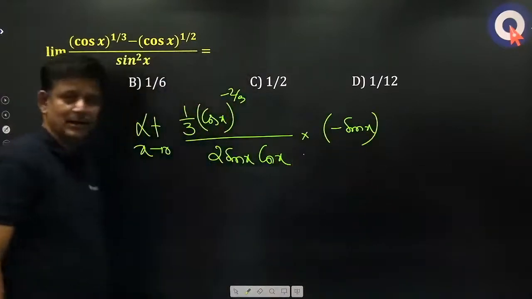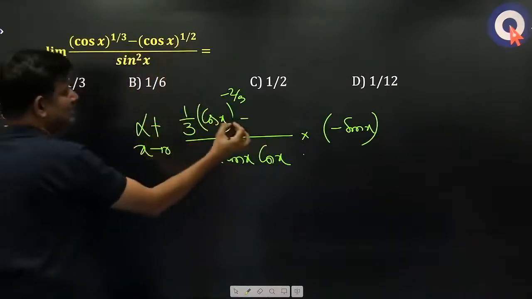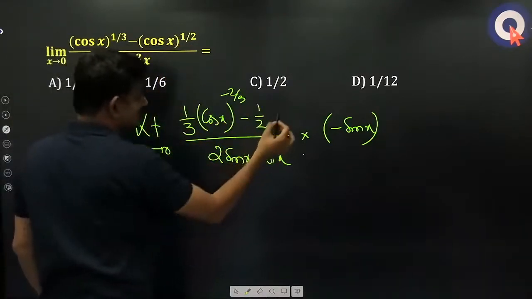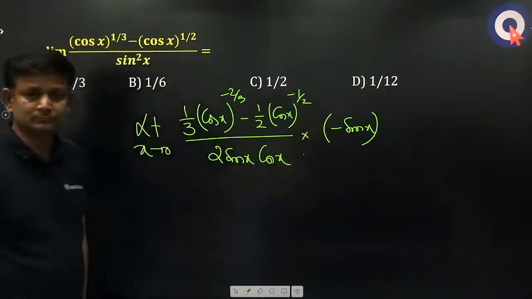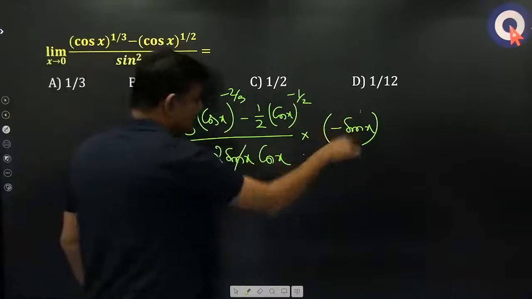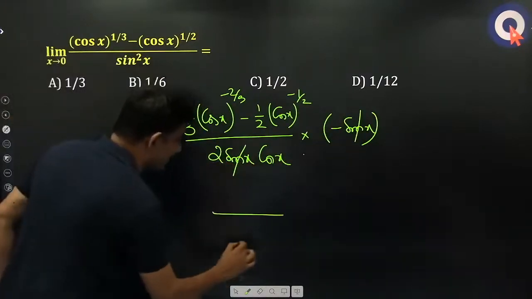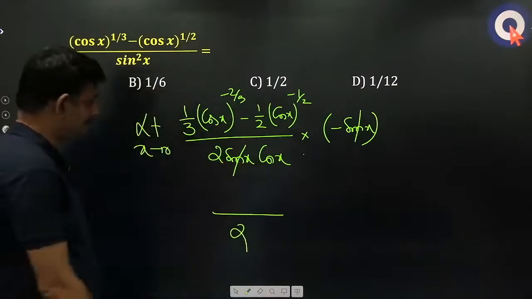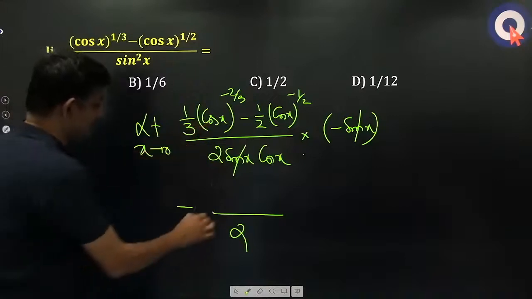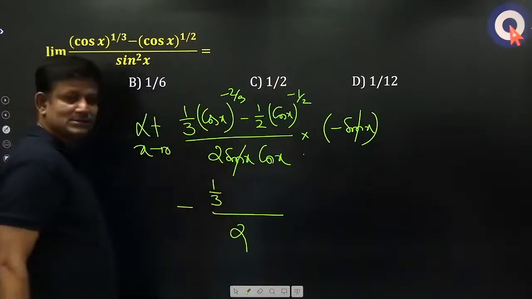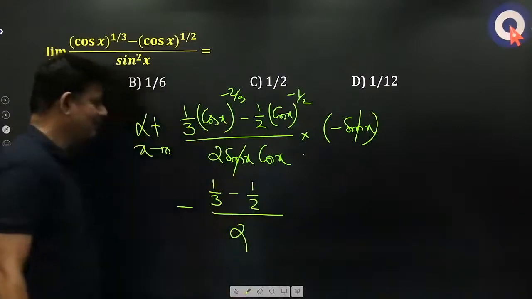Derivative of cos x is minus sin x minus, what is the derivative of root cos x? Sin x gets cancelled. As x tends to 0, cos x is how much? 1. So, this is 2 minus sin as it is. This is also 1. So, 1 power whatever is 1, 1 by 3 minus 1 by 2. That will be your answer.